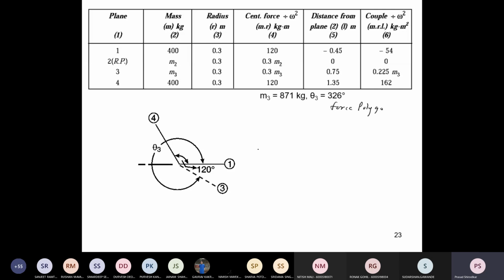All right, construct the force polygon starting with M1. Here M3 is 871.